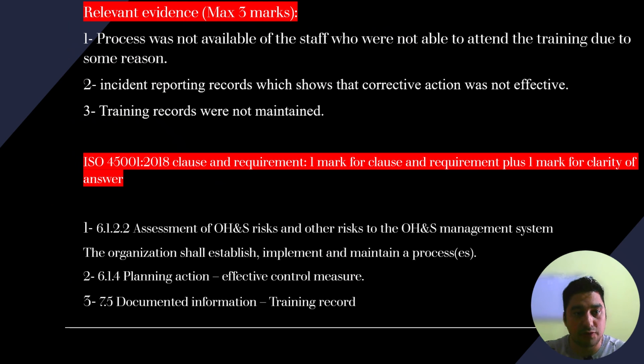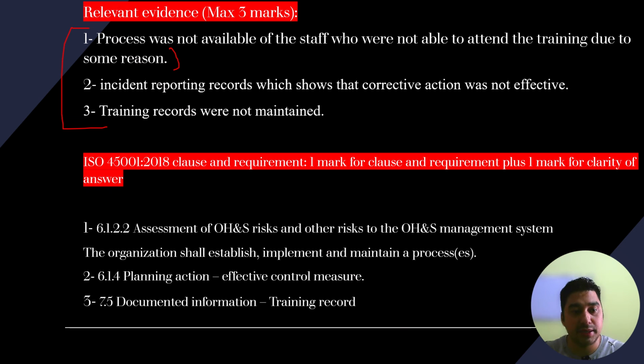Now the fourth one, relevant evidence. What evidence will you give to support your NCR? First, the process was not available. If you ask for the SOP, standard operating procedure, it was not available for the staff who were not able to attend the training due to absence, illness or other things.